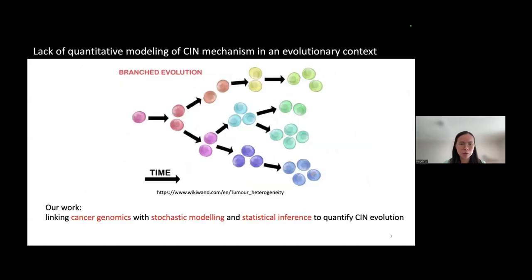However, we still don't fully understand how CIN generates, what the rate of CIN is, and how it interacts with natural selection. This cannot be resolved by experimental approaches or methods inferring evolutionary histories backward in time. So to address this issue, we use a forward stochastic modeling to model the data and then use statistical inference to fit the model to data.